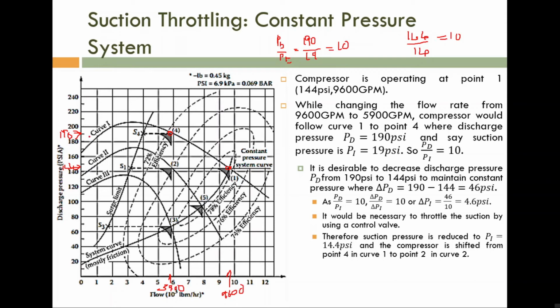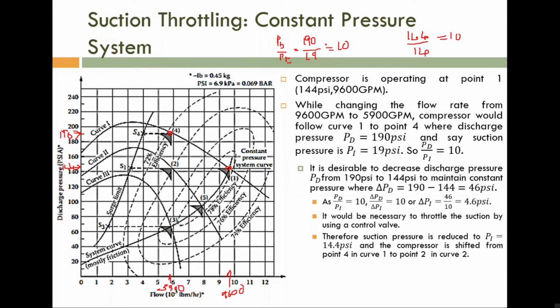But here the compressor ratio is not noted, the discharge pressure is noted, because suction pressure is assumed to be constant for a particular curve. Say the suction pressure is constant throughout this curve, so only discharge pressure is changing, from 144 psi to 190 psi.